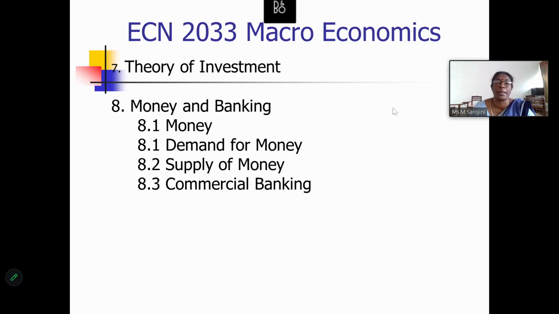Under the classical theory, we have to concentrate more on Fisher's equation. And under the Keynesian one, there are 3 motives: transactional motive, speculative, as well as the precautionary motive. Each and every motive or approach should be deeply learned by us or taught by me.